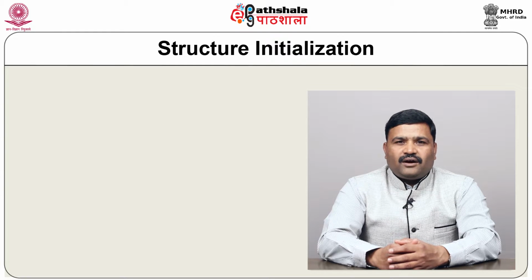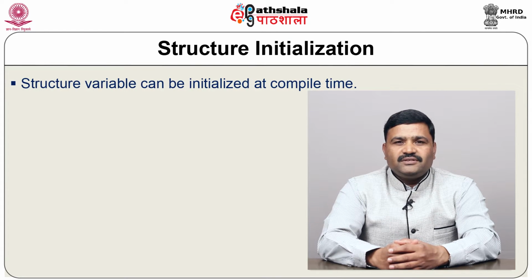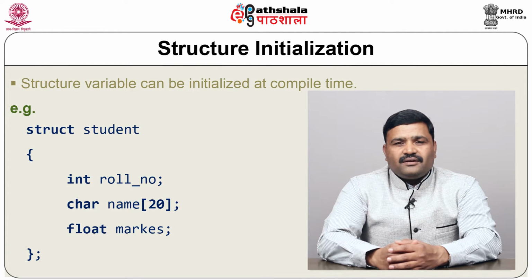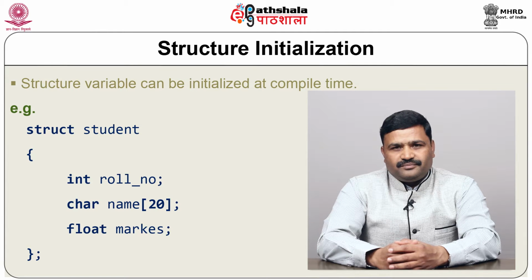Let us see how structures are initialized. Structure variables can be initialized at compilation time. Let us see an example. Here you can see a simple example of a structure of student.